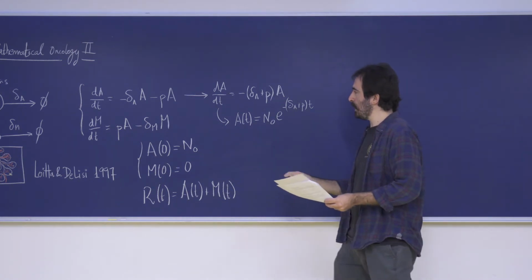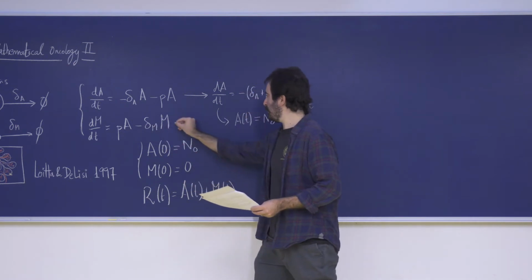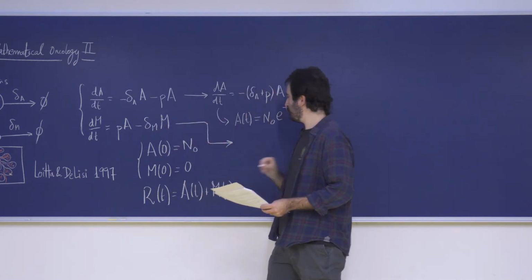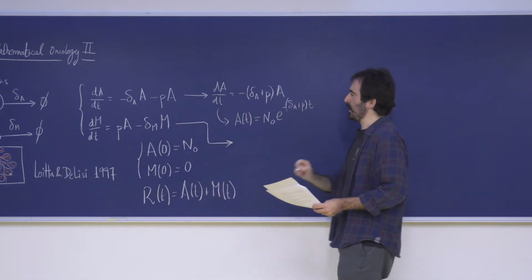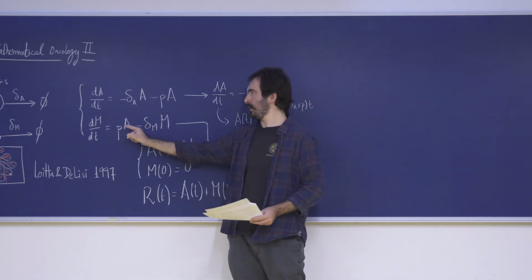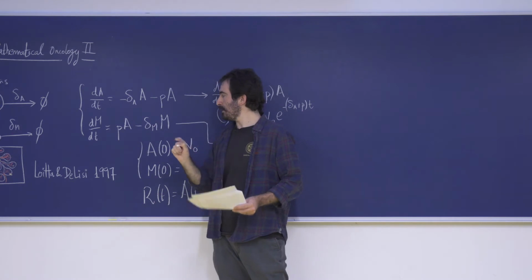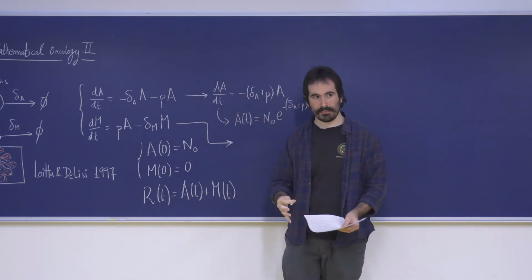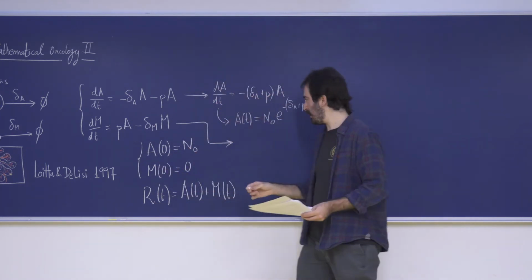Now it's turn to tackle this other equation here, which I'm going to do right here. But notice the following. Here in this equation, I do have a coupling with the other population sector, namely A. Therefore, I will have to rearrange these terms and write it in a more suggestive way.